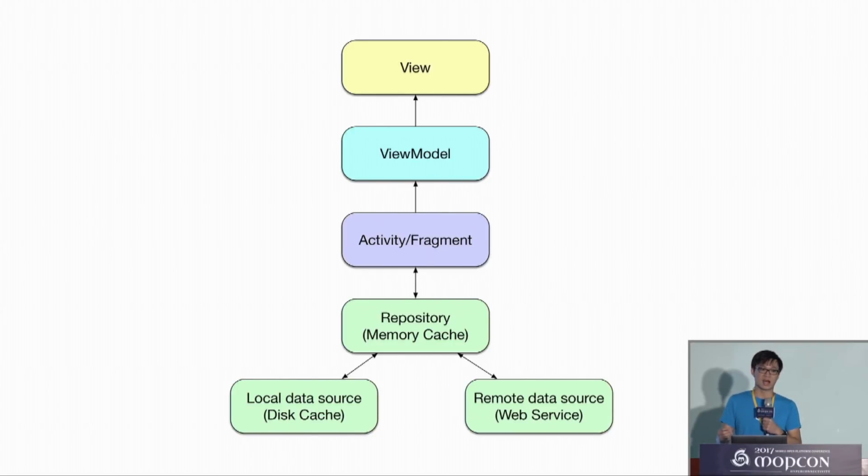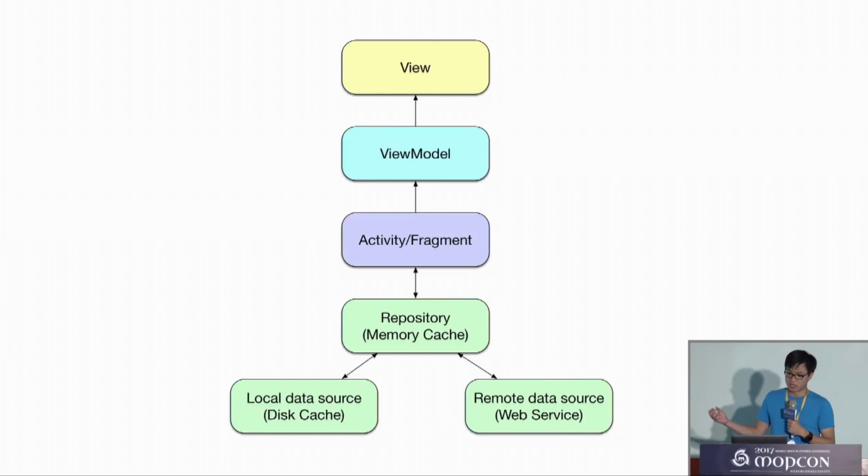Whenever you need the data, you talk to your memory cache, and the memory cache is not only providing a single source of truth, it is also syncing the data into the disk and into your web server. So the data can persist across app restarts, and even across multiple devices.